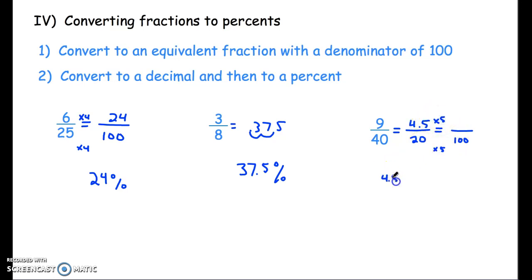So 4.5 times 5. We can do this off to the side. 5 times 5 is 25. 4 times 5 is 20. Carry the 2. 1 decimal point is 22.5, which gives me 22.5 over 100, which is 22.5%. There we go.